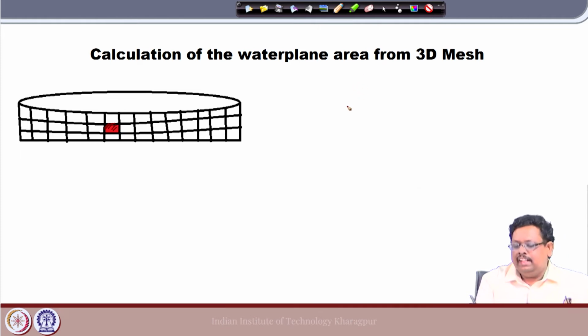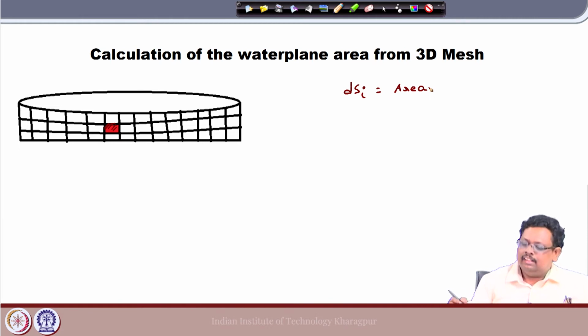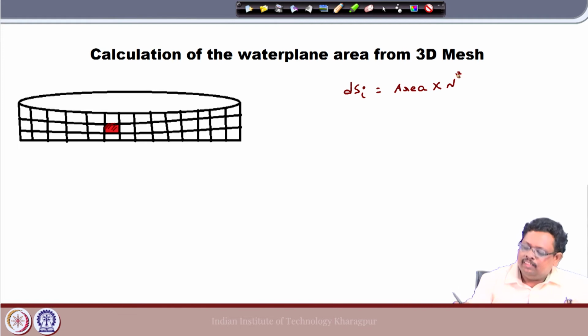You can find out the area, let us say dS i. If you multiply this area by the normal n z, essentially you are taking the projection along this plane.